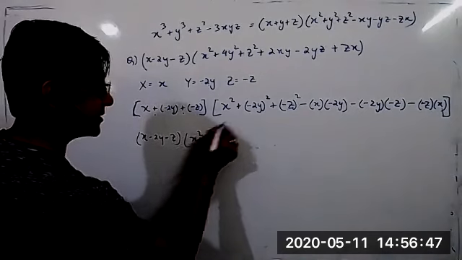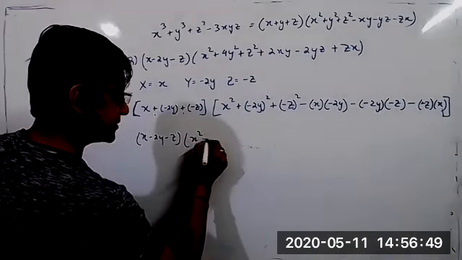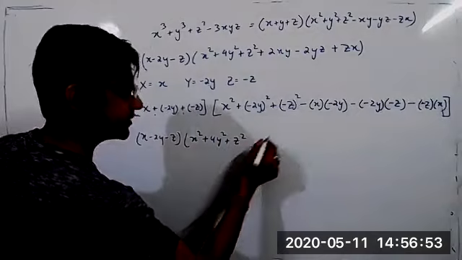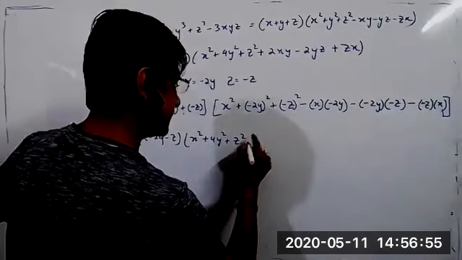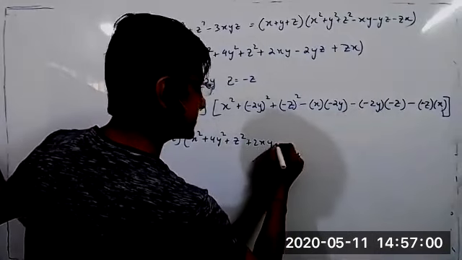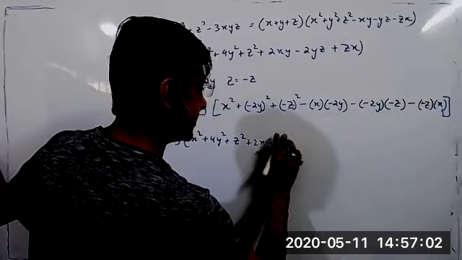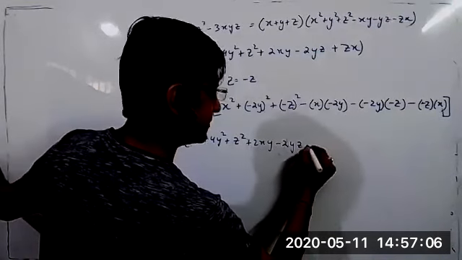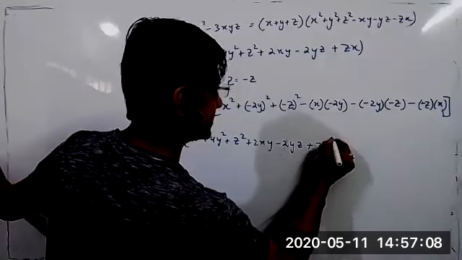This is x square, this square is 4y square, plus z square, plus 2xy, minus 4yz, and then plus zx.